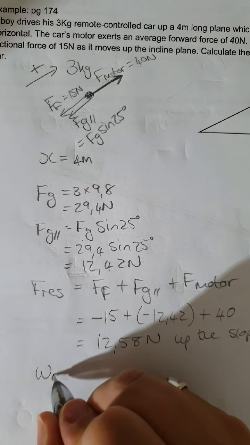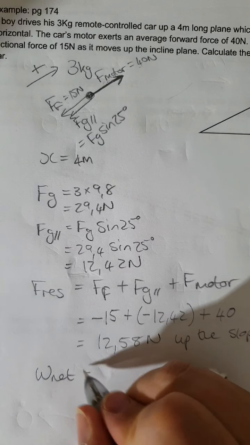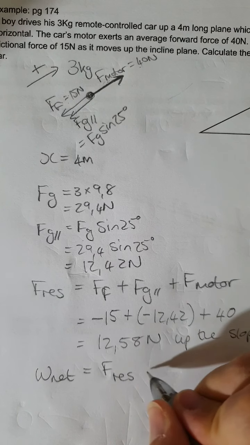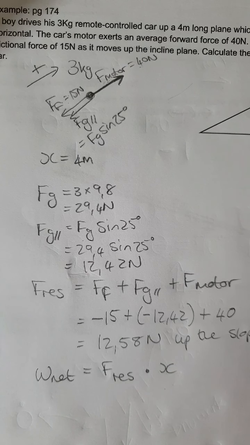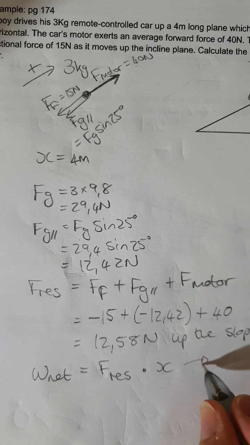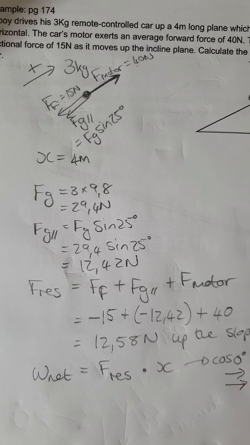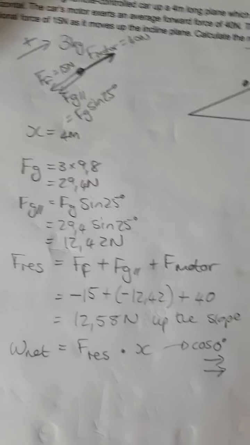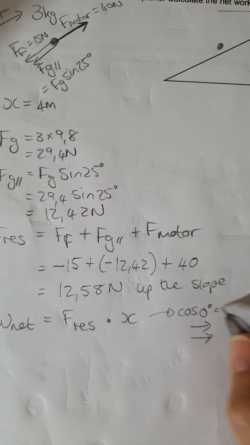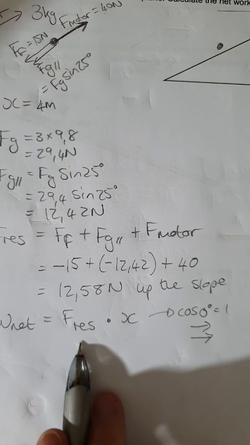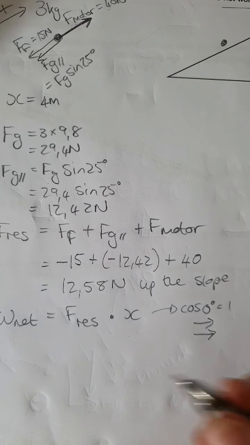So when we're working with the net work, we know that it will be the resultant force times the displacement. Now, we can use cos theta here because it will be cos 0, because our resultant force is in the same direction as the motion. So we could use 0, but that's just going to give us 1, so you don't have to if you know it already.